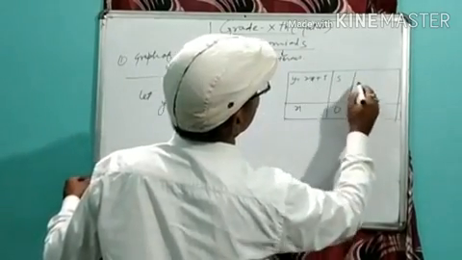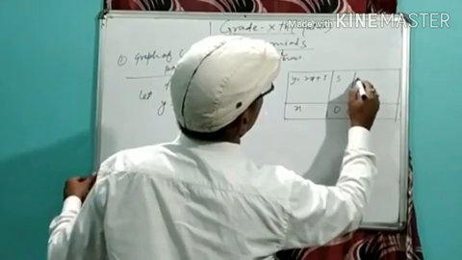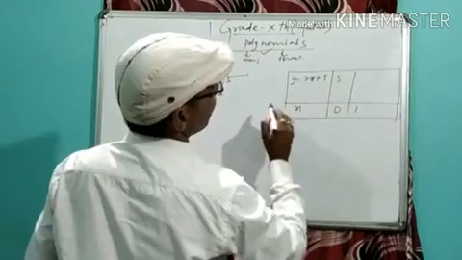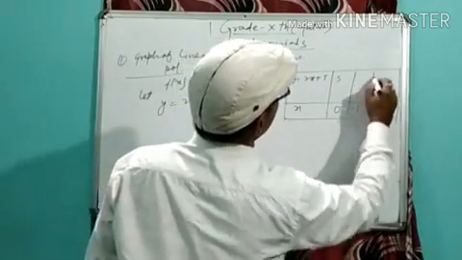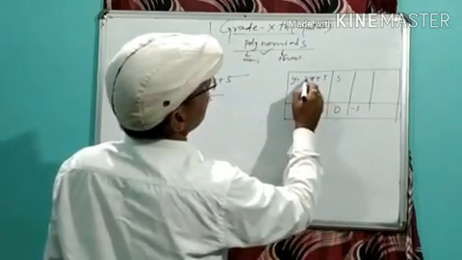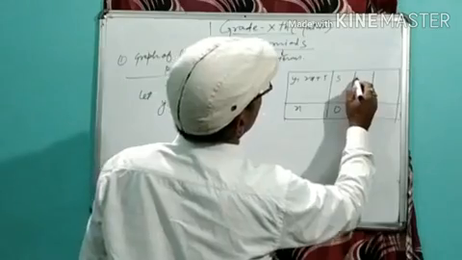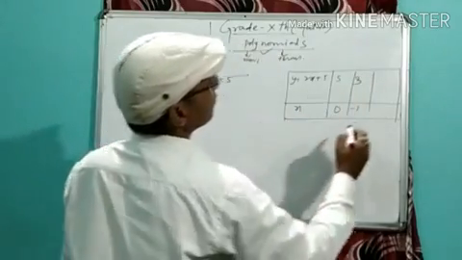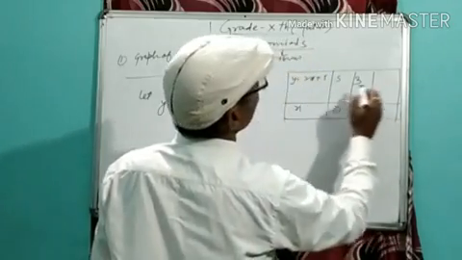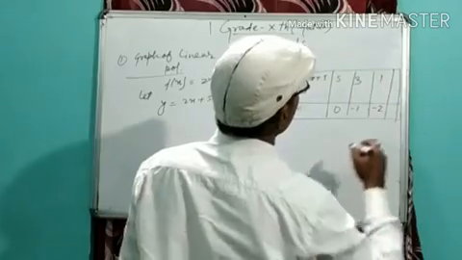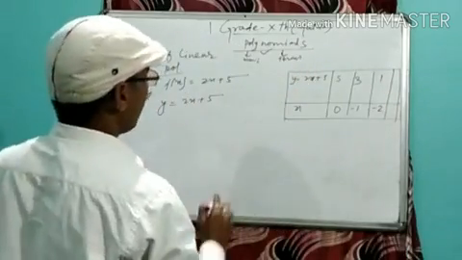If we take 1, what will be? Suppose here is minus 1, 3, and minus 2, 1.